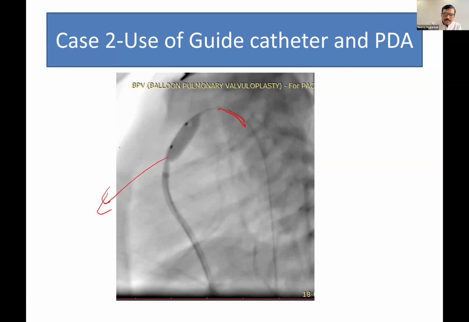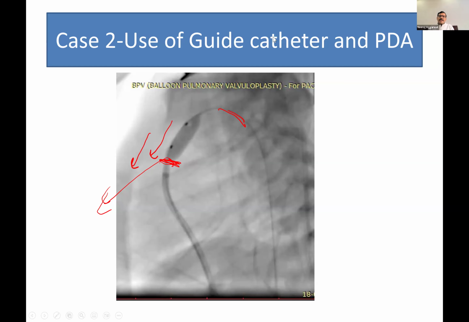Because of critical PS, we were doing the guiding. The guiding catheter was placed just below the valve to avoid slippage of the balloon back into the RV. So we used the guide catheter and then a coronary balloon for gradual dilatation of the pulmonary valve.